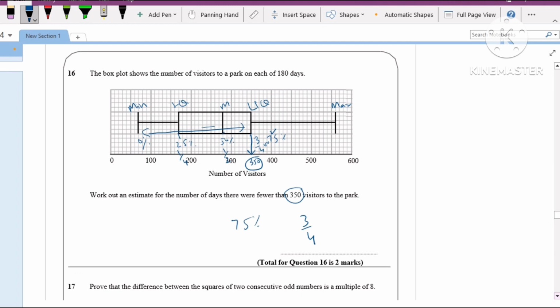Okay, so this is 75% of 180. So you will find 75% of 180, or you will find 3/4 of 180. It's the same thing. So 180 divided by 4 times 3. 180 divided by 4, 4 fours are 16, 45. 45 times 3 is 135. That's it.